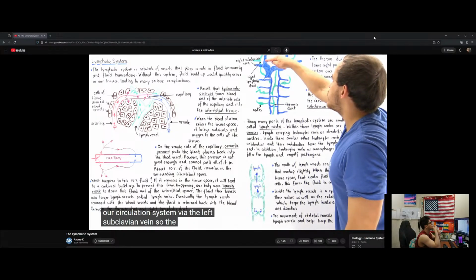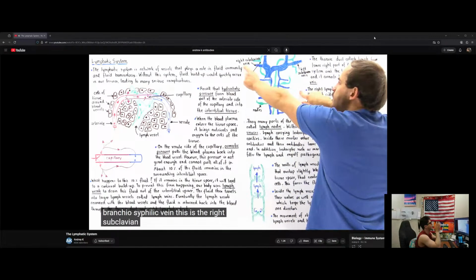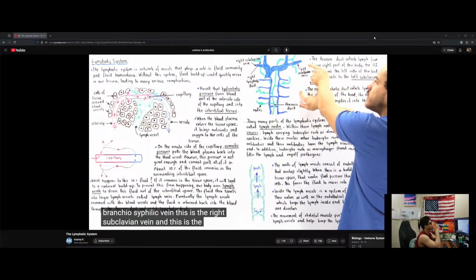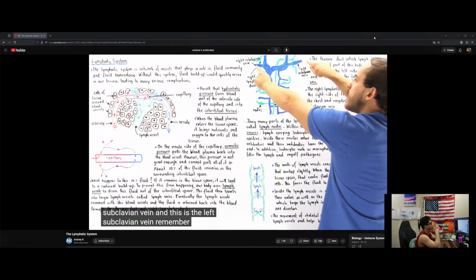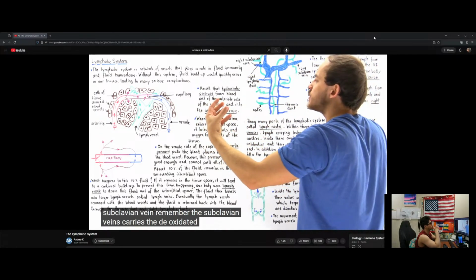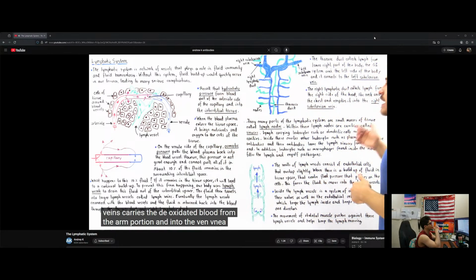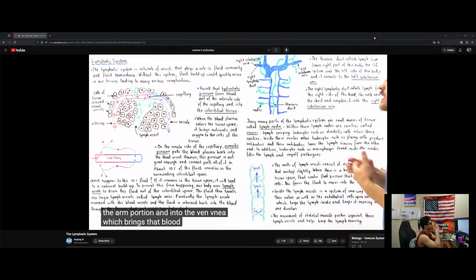So this is the brachiocephalic vein, this is the right subclavian vein, and this is the left subclavian vein. Remember, the subclavian veins carry the deoxygenated blood from the arm portion and into the vena cava, which brings that blood to the right atrium of our body.